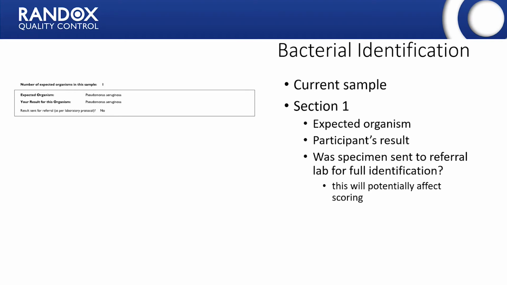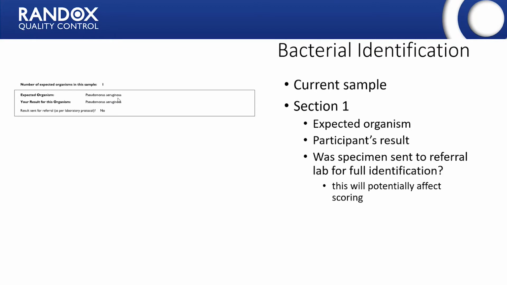Moving forward in the future, there is a potential that we may offer multiple organisms per sample, or an organism with a background flora. But initially, we're only going to be providing a single organism, and this is what's recorded at the very top of the page.